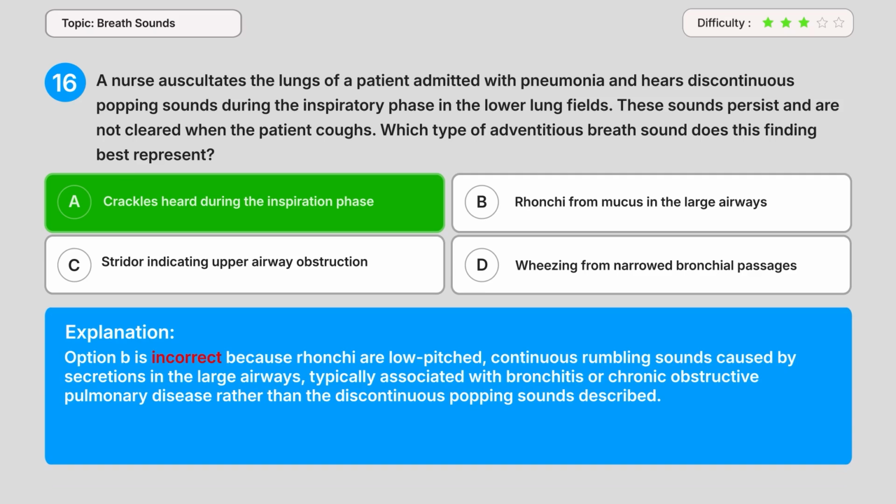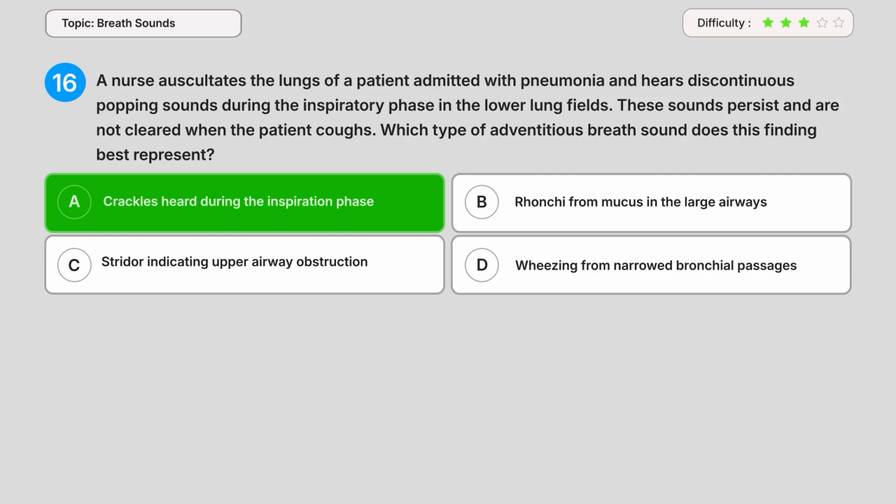Option B is incorrect because rhonchi are low-pitched, continuous rumbling sounds caused by secretions in the large airways, typically associated with bronchitis or chronic obstructive pulmonary disease rather than the discontinuous popping sounds described.